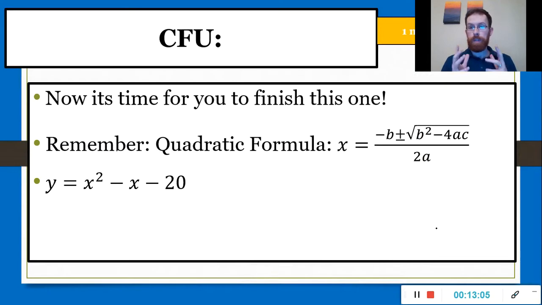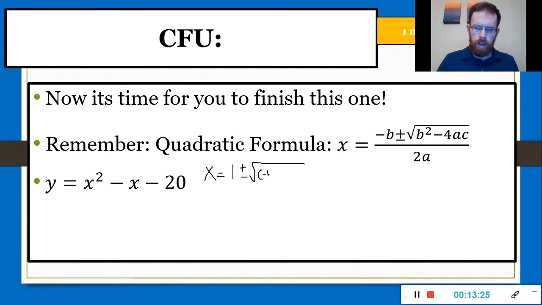Ladies and gentlemen, take this question, do it yourself. The only thing I'm going to help you with is the initial setup. x is equal to a positive 1, because remember you flip that b, plus or minus the square root of a -1 squared minus 4 times 1 times -20.